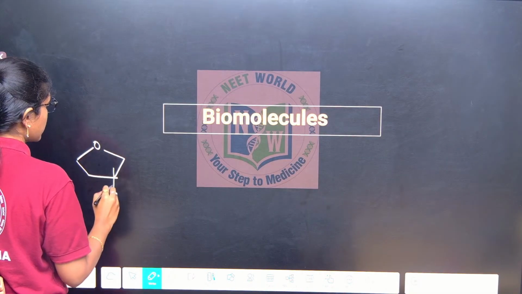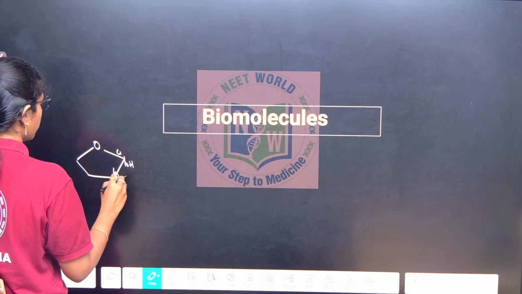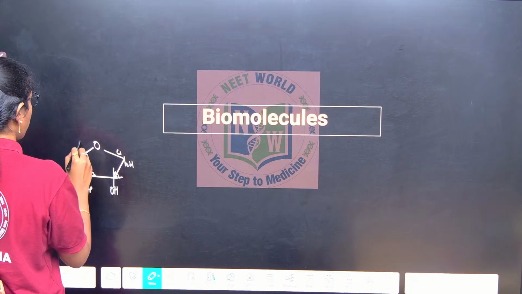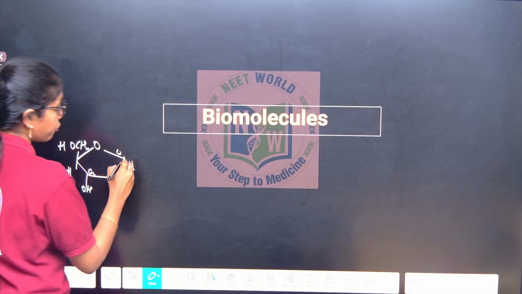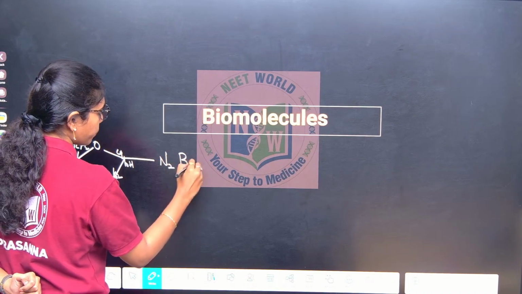Let us assume this as a ribose sugar, okay? C1, C2, C3, C4 and C5. To this, at the first carbon, the nitrogen base is attached.